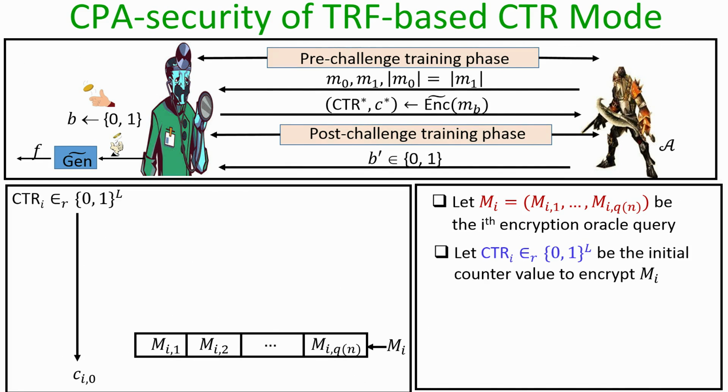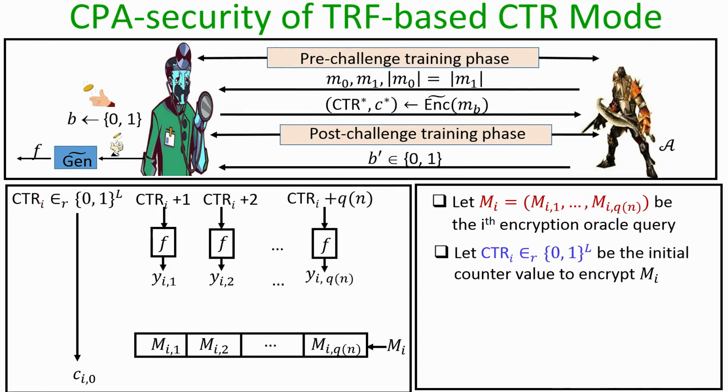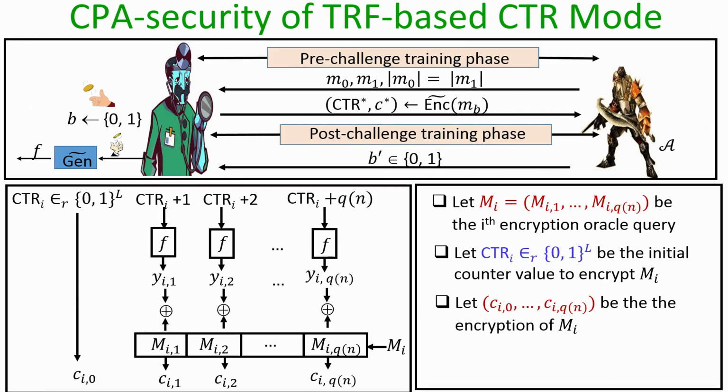For encrypting that message the challenger will pick a random counter value which I denote as counter_i, and since there are Q(n) blocks in my message M_i, the challenger needs to evaluate the truly random function on counter_i plus 1, counter_i plus 2 and counter_i plus Q(n), which will generate the sequence of pad blocks which will be XORed with the actual message blocks present in the message M_i to generate the ciphertext blocks, and the whole ciphertext will be communicated back to the adversary as the response from the encryption oracle query.